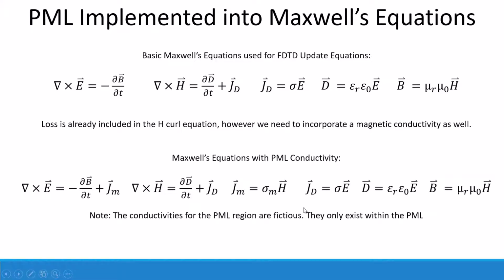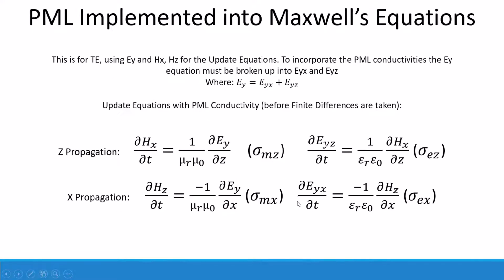Moving on, we need to break up our E update equation. So for transverse electric, we use EY, HX, and HZ. However, we now need to break up EY into EYX and EYZ in order to introduce the PML conductivities.